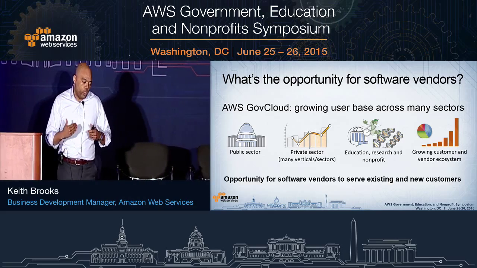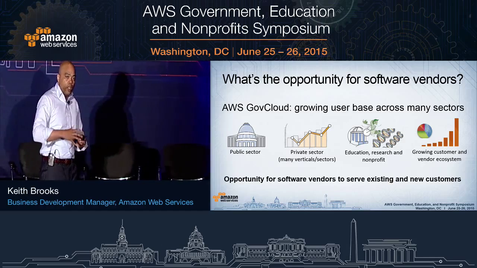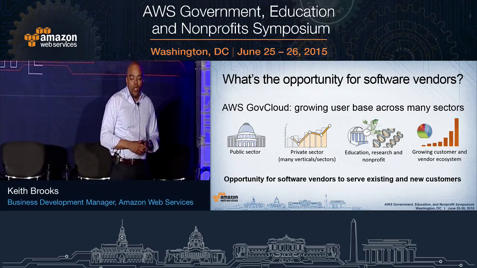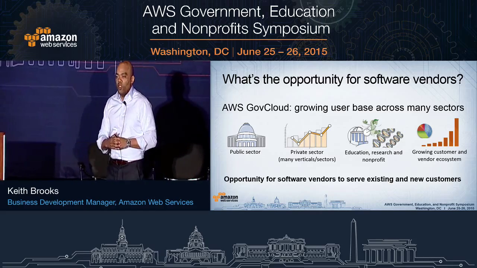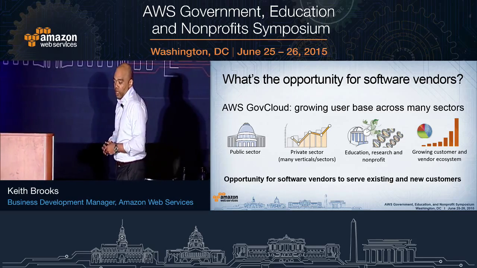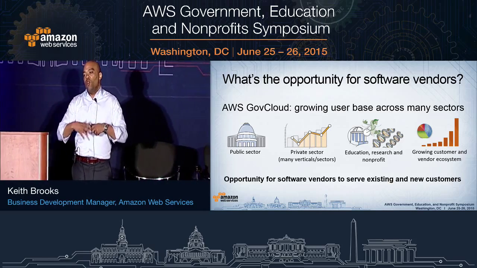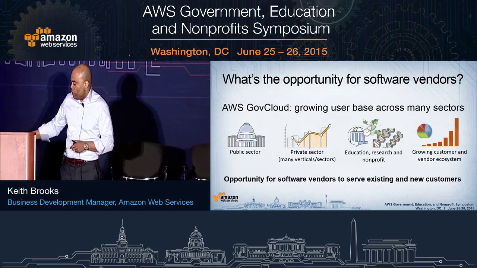You could reach customers that you have today that fall in those categories, but it also opens up a whole additional set of possibilities around customers that you do not have today. It gives you the ability to reach your existing customer base and then grow to reach new customers that use the GovCloud region themselves.